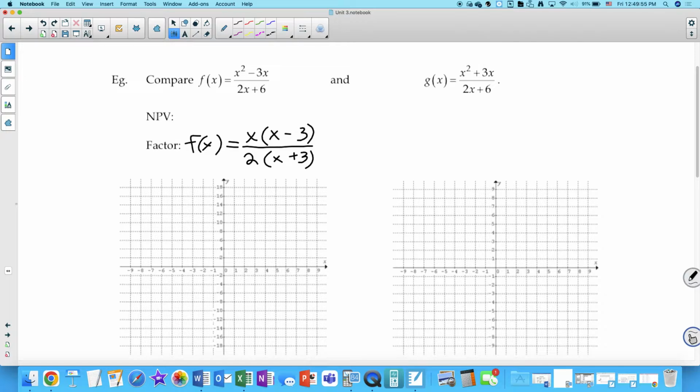Ooh, x cannot be negative 3. Okay, so let's say x was 0. This would be 0 times negative 3, that's 0, over 2 times 3, 0 over 6. Is that defined? 0 divided by 6 is 0.